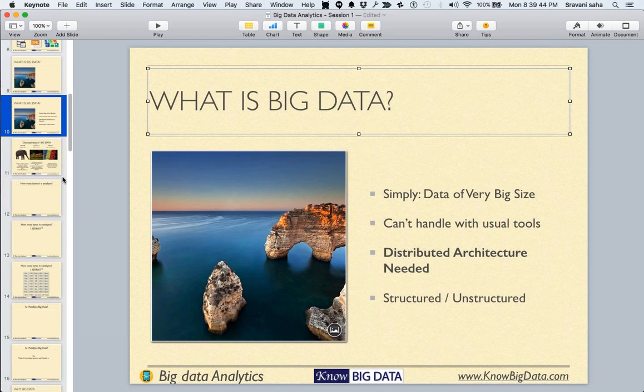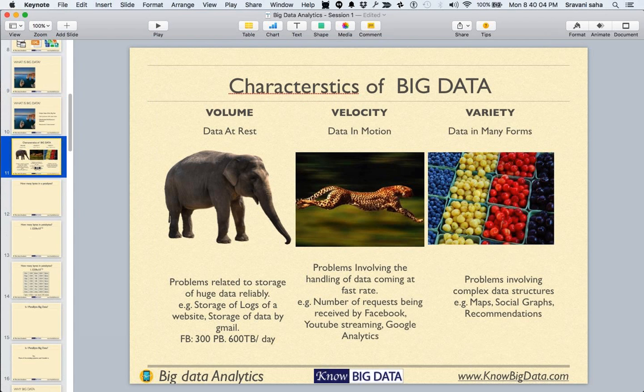So any data for storing or processing of which you require a distributed architecture by force. I mean, when you realize that you cannot handle this data with a single computer, even if we vertically scale our computer, then we say that it's big data.